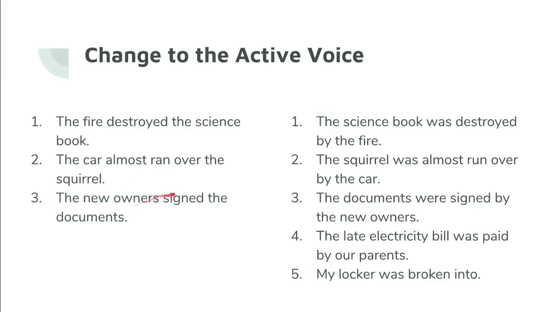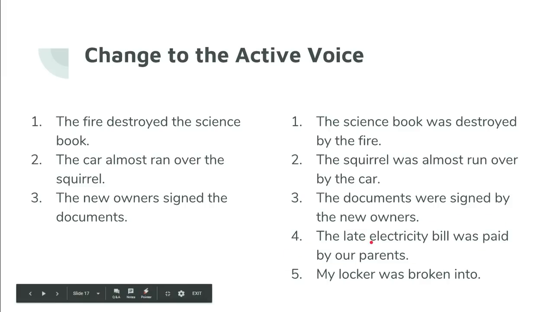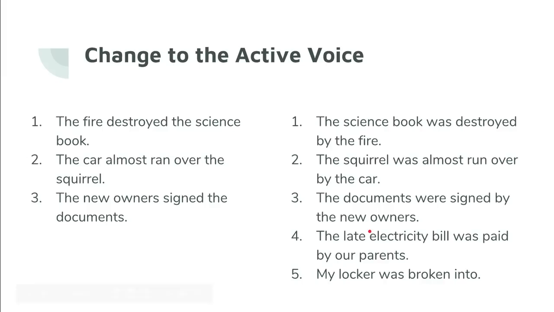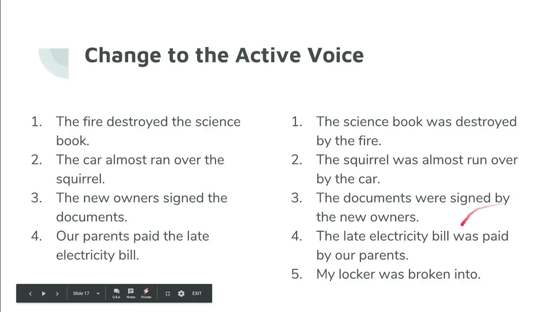So the new owners signed the documents. The late electricity bill was paid by our parents. The person doing the action is actually our parents, but it's sitting in the predicate, making it passive. So we're going to put it into the subject. Our parents paid the late electricity bill, because paid and was paid are both in the past.